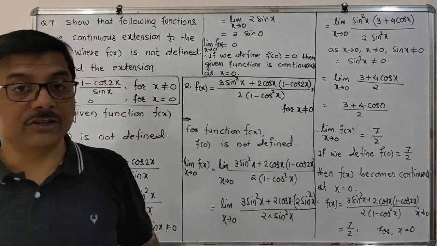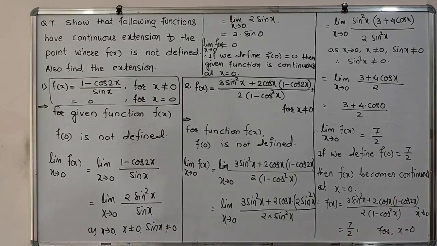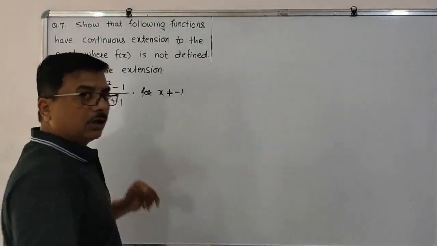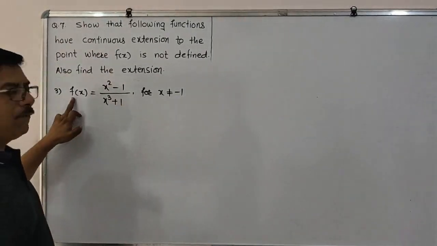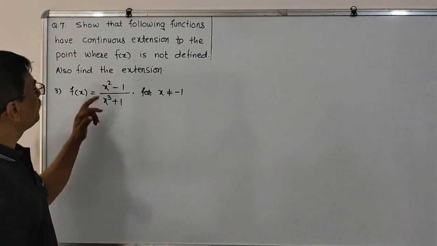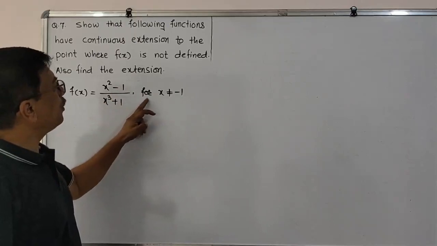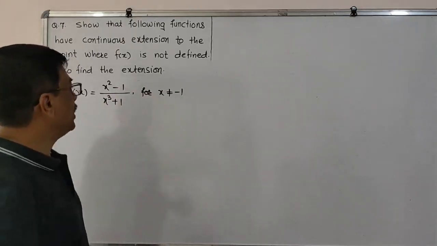Now the third question. Now look at this third question. f of x is equal to (x square minus 1) upon (x cube plus 1) for x is not equal to minus 1.